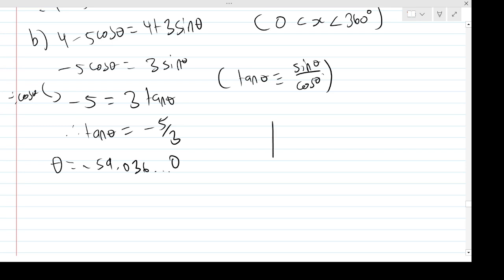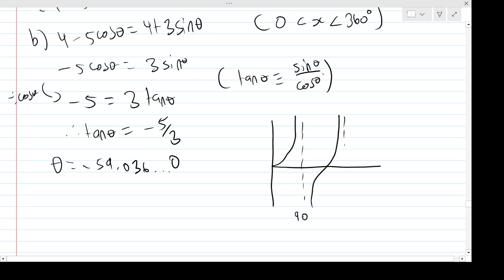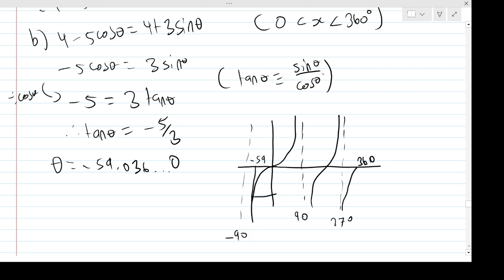Then to find the other solutions between 0 and 360, that's our tan graph, and 360 is there. We have a negative angle of minus 59, so if we continue the graph the other way, minus 90 is there, and minus 59 would be about there. If we continue that on, we get to the other solutions as well.